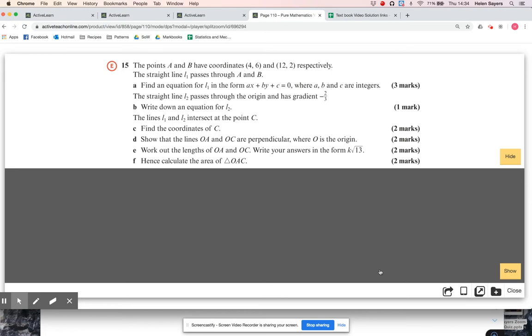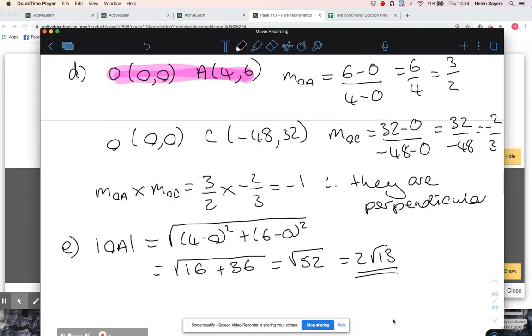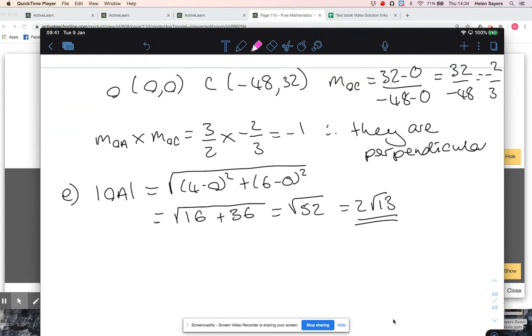And then OC, which hopefully is also going to come out as a third. OC is the distance between these two coordinates. So again, Pythagoras: 32 minus 0 squared plus minus 48 minus 0 squared.